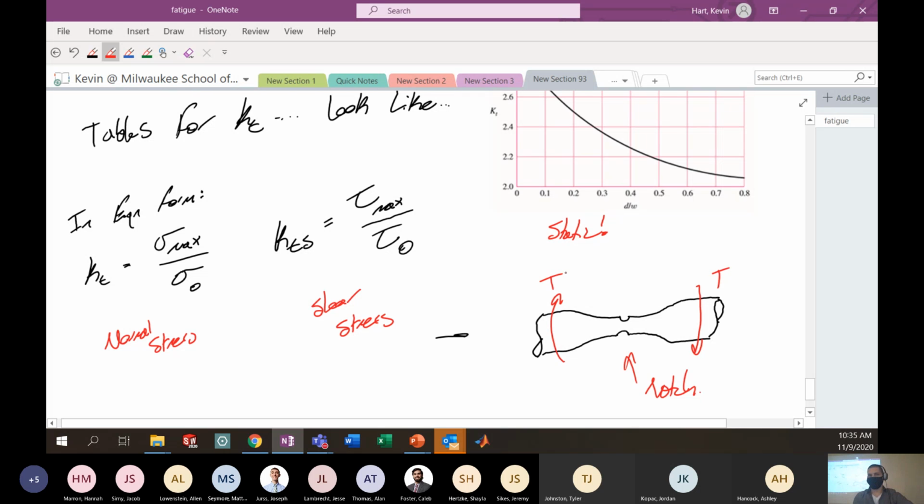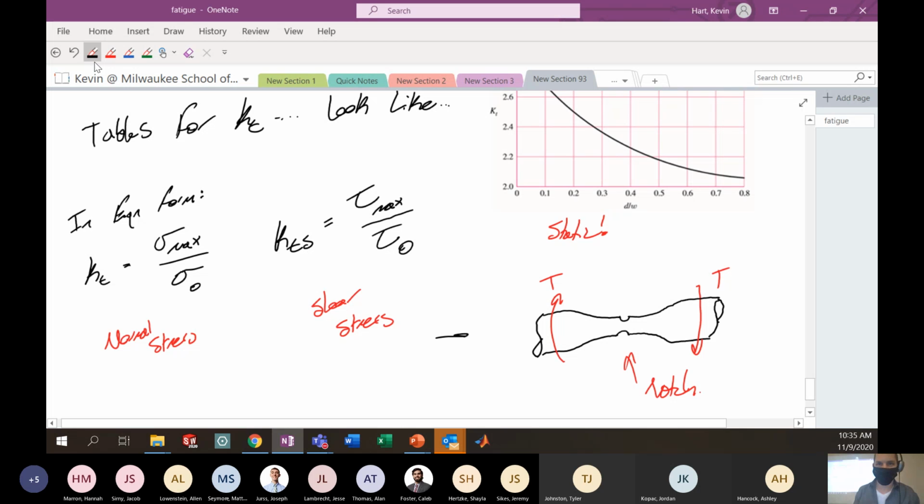This would be a situation where we'd have a shear stress amplification because of that notch that exists around the center of that piece. All right, so that's a situation where you might see that happening. These factors exist in lots of charts and tables that you can find in a variety of resources, your book, for instance. All right, that's for static conditions.